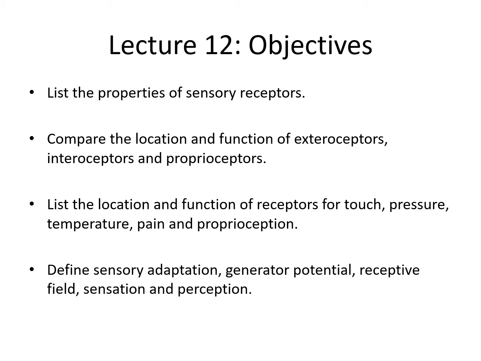We'll look at the function and location of receptors for touch, pressure, temperature, pain, and proprioception. And some of these terms we'll cover in terms of adaptation, generated potential, receptive field, sensation, and perception.